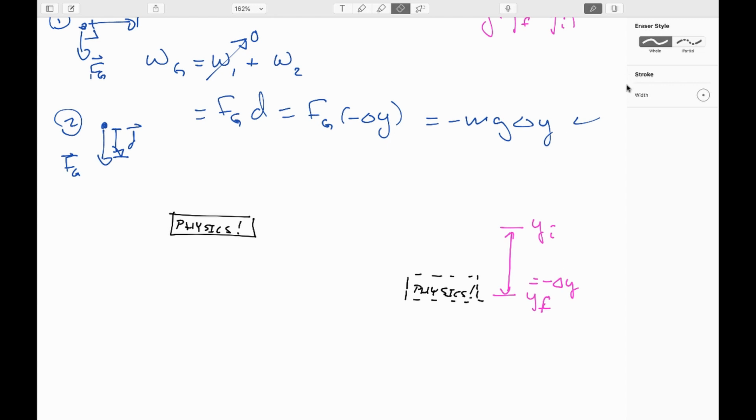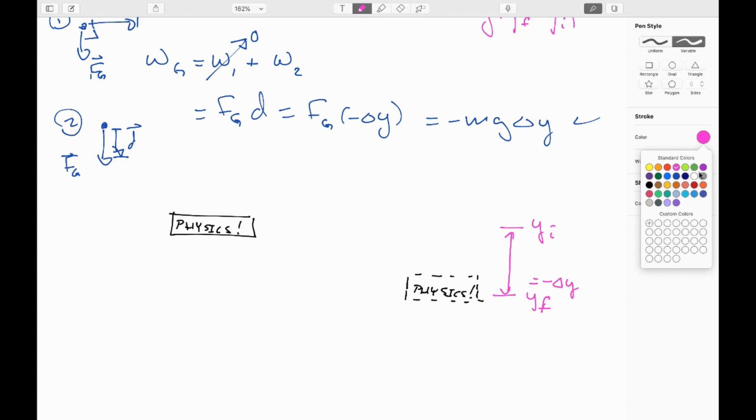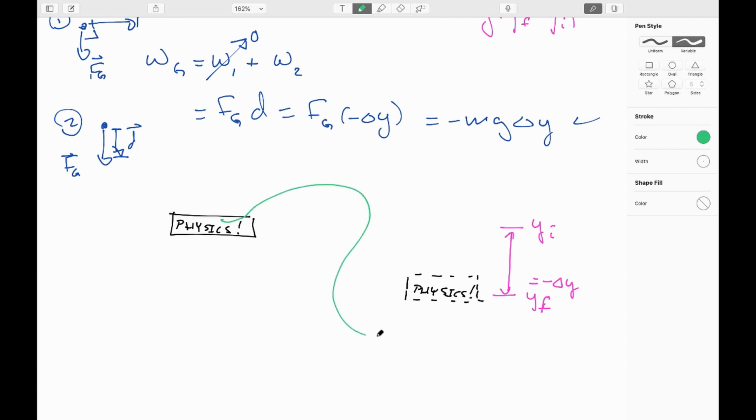So now let's think about what would happen for just some absolutely arbitrary path, let's say in green here. Maybe, I don't know, this path right here, it's as good as any.